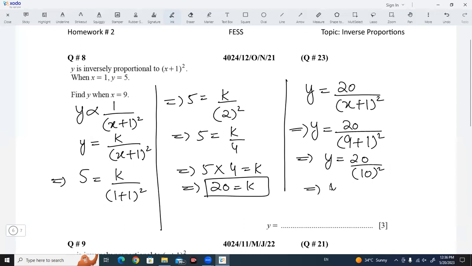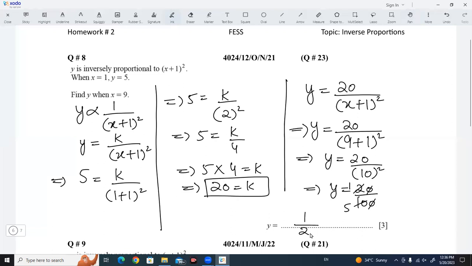Square of 10 is 100. So 20 over 100. Now you can simplify into the simplest of fractions, like cut down the zeros with zeros, 1 times and 5 times. If you have done conversion to decimals, it will be fine as well. But if you're facing any kind of problem in conversion of decimals, no need to do that. Just convert into simplest of fractions. So in this case, it becomes 1 over 5.